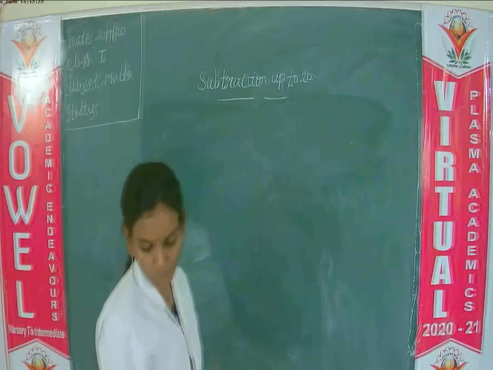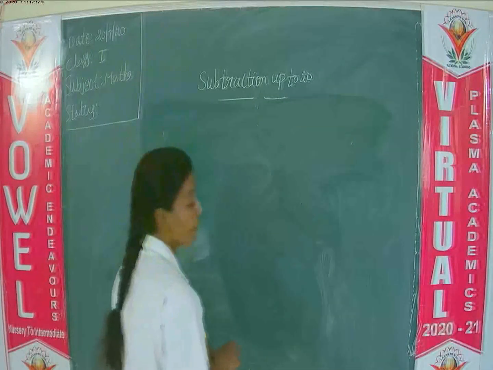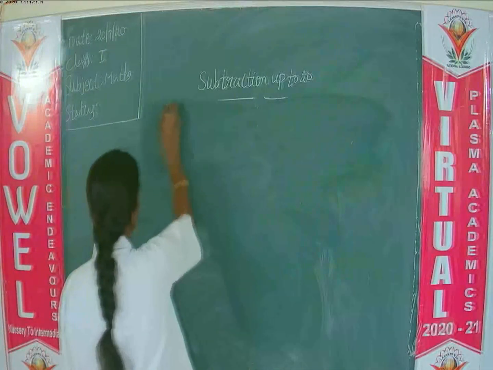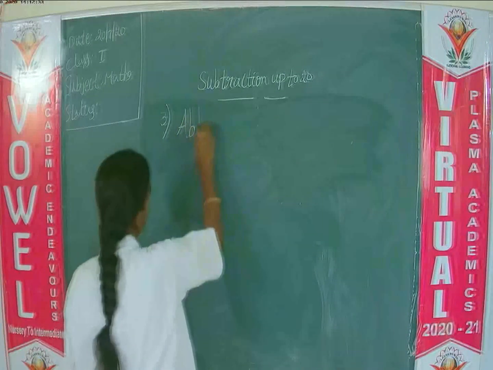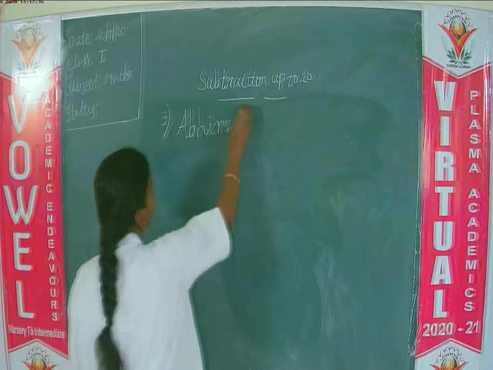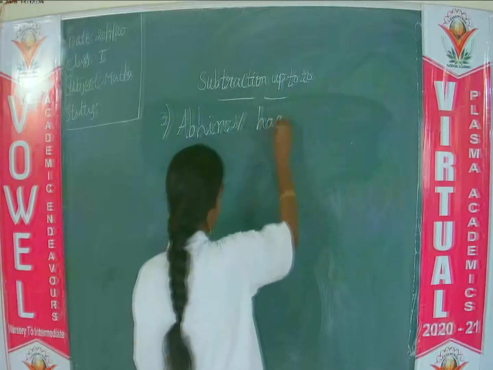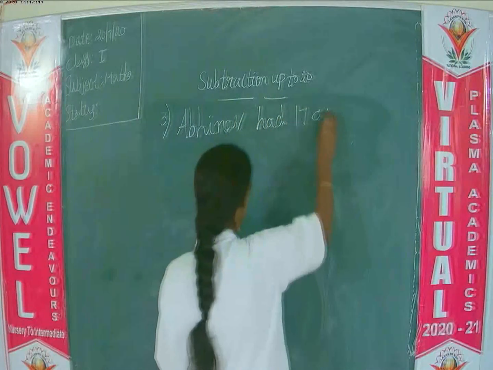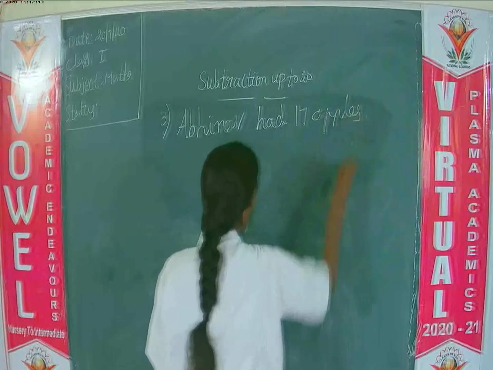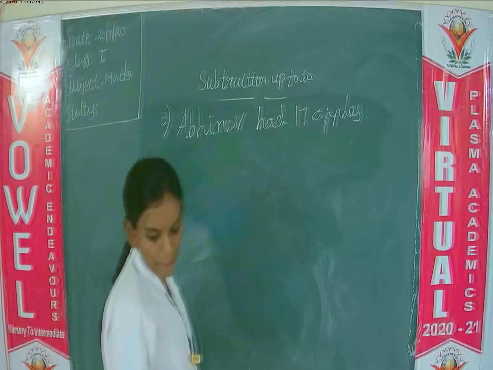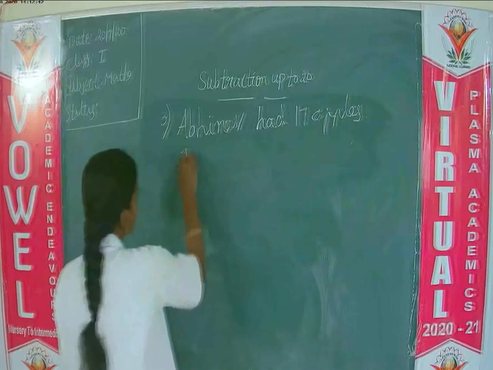So last word problem. Abhinav had 17 apples.